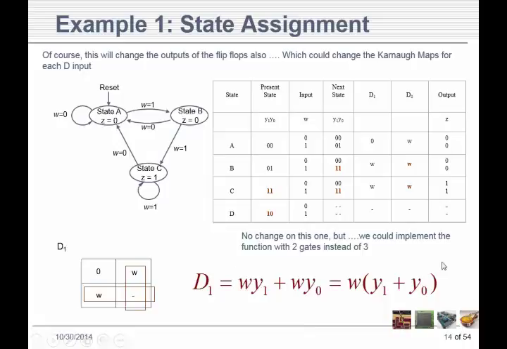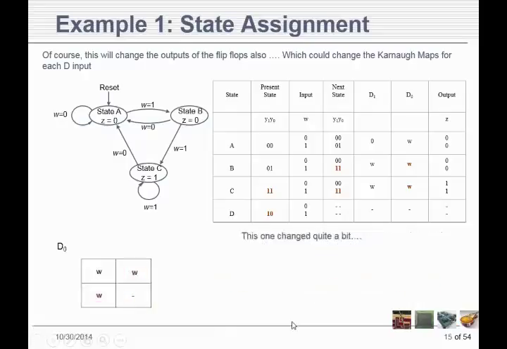And we could simplify it like this and use 2 gates instead of 3, but it's in Xilinx. Who cares, right? We're not doing it in the lab, or even if we did, we'd be downloading it to the Spartan board. So who cares if we have 2 gates or 3? Who was it I was working with when I was showing how little of those Spartan 3 chips we use? It's nothing, is it?